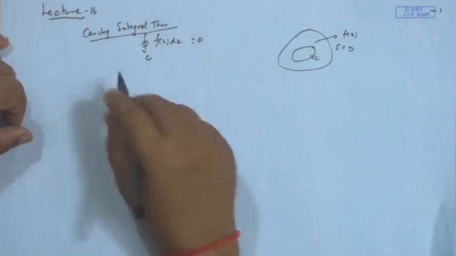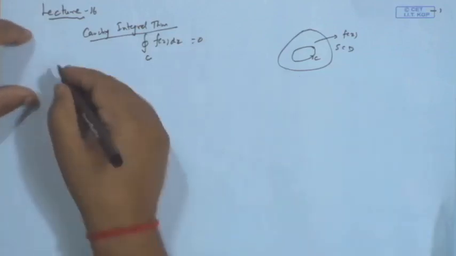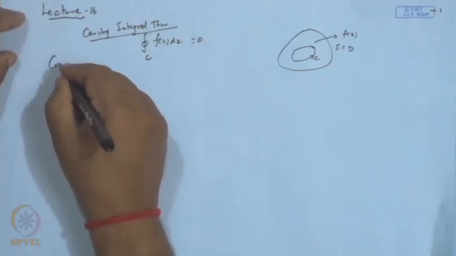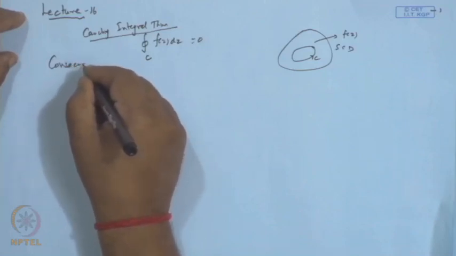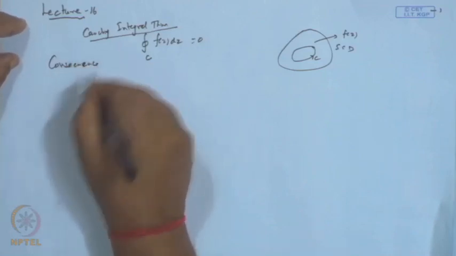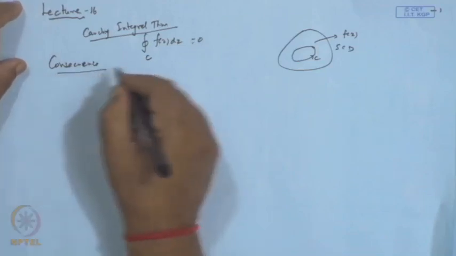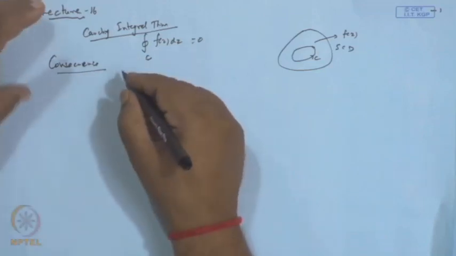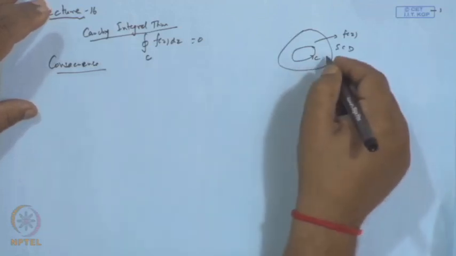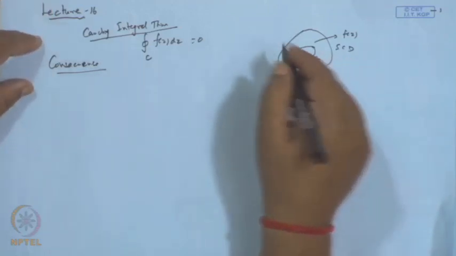And as a consequence of this, we have already proved that the line integral is independent of path.